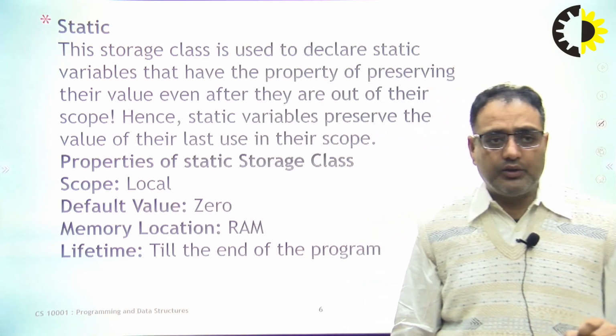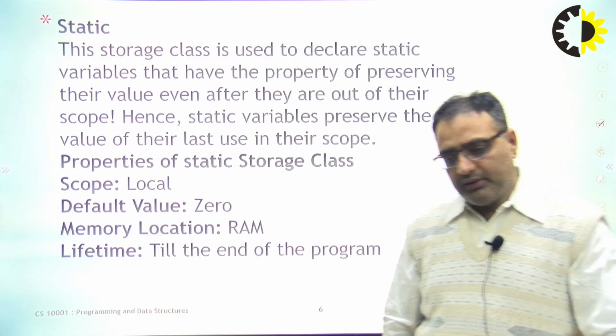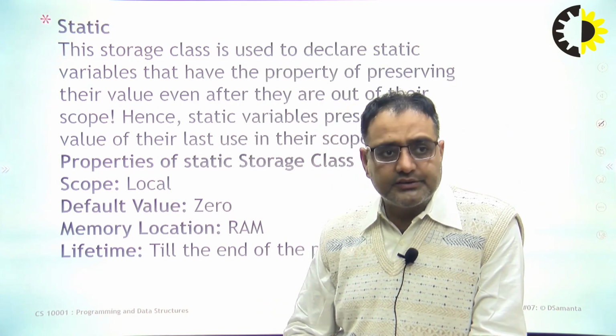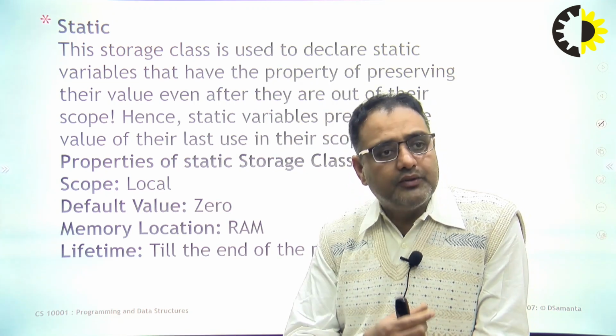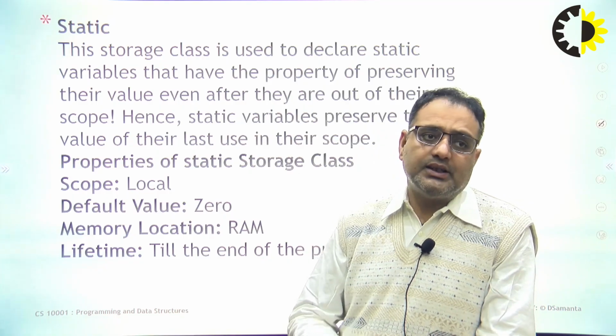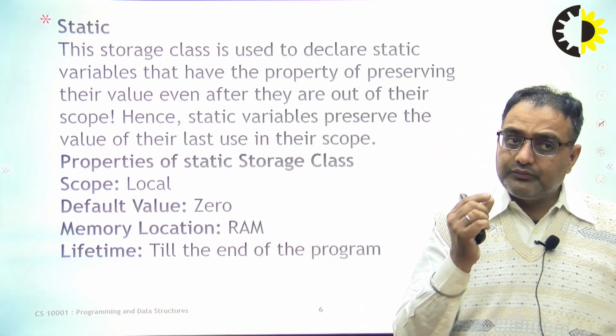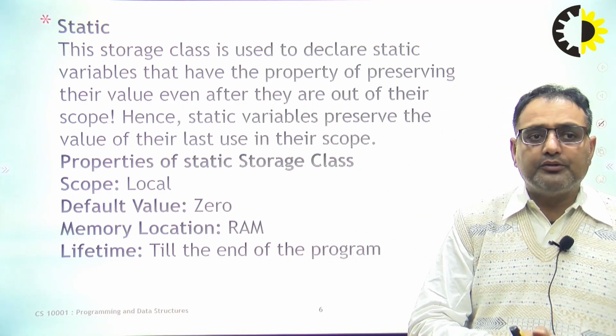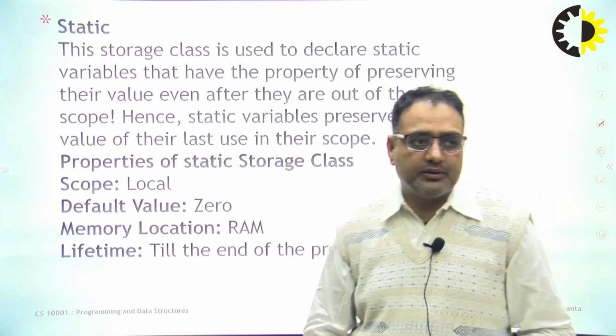Firstly the current value of count is 1. When the second time the counter function executes, count is incremented from 1 to 2, because the value 1 is stored in count, as count is a static variable.